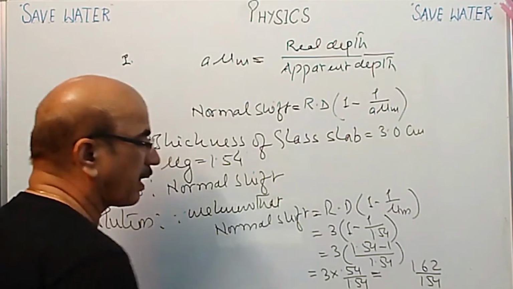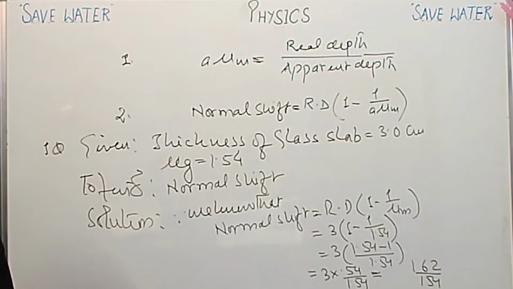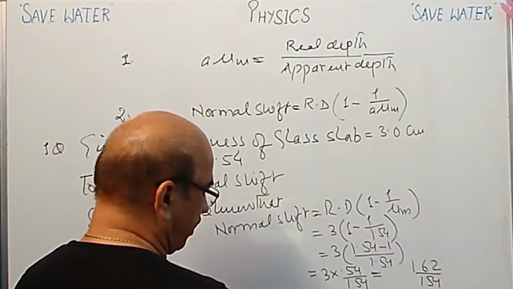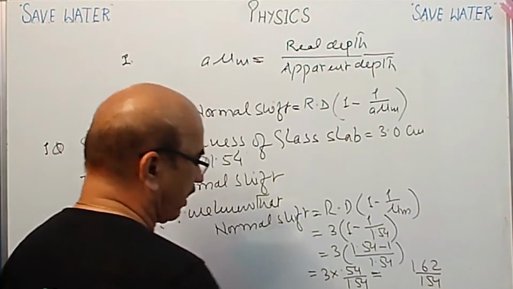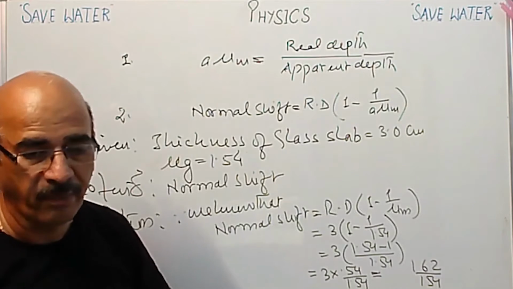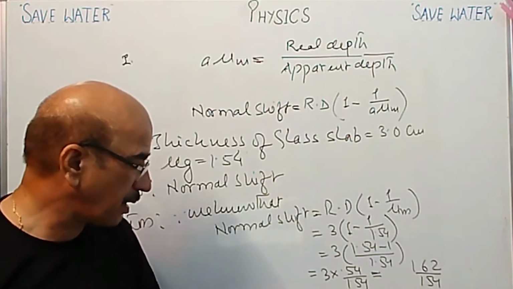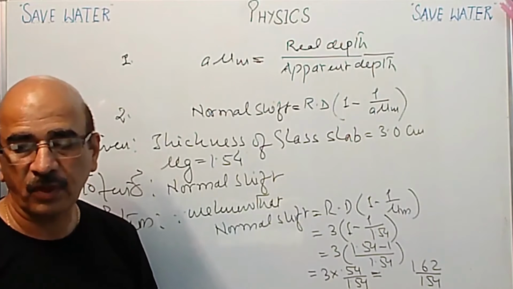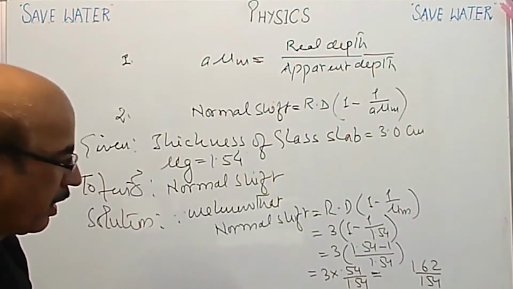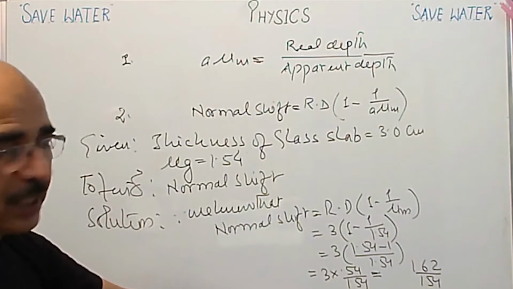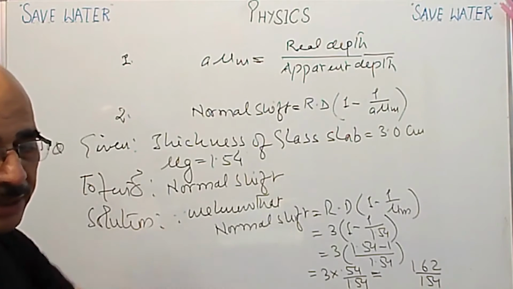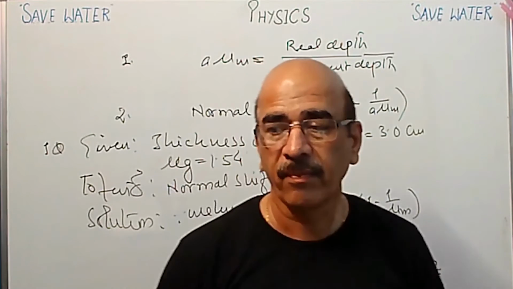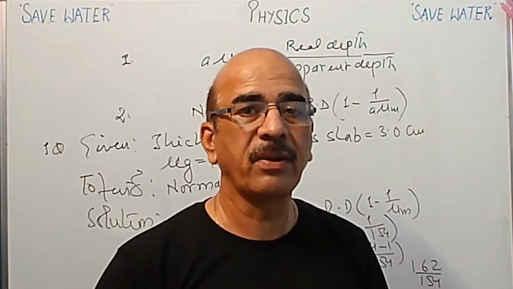When we divide it, we get 1.06 centimeter. So this is the normal shift. The object appears raised 1.06 centimeter from the bottom. So directly we can use this formula to find the normal shift. Now after this, next question. So may I rub it now? I am going to rub it.